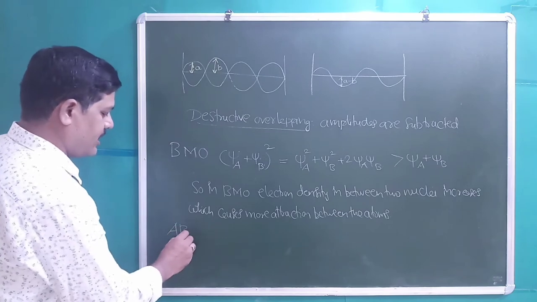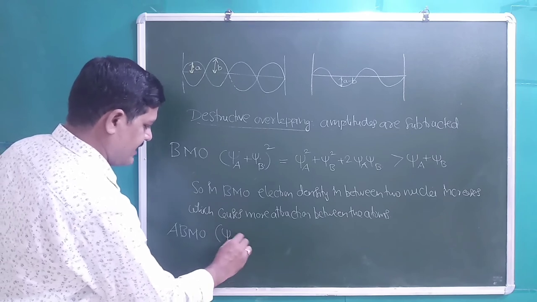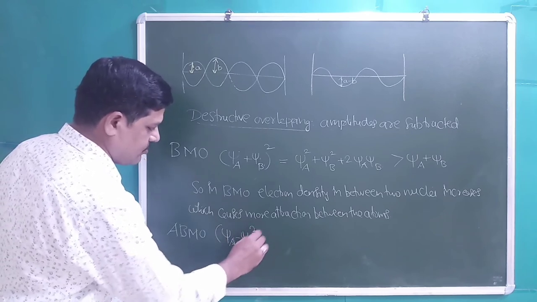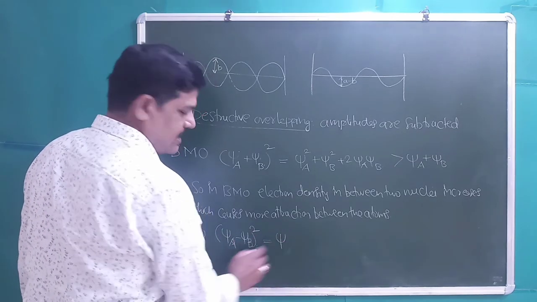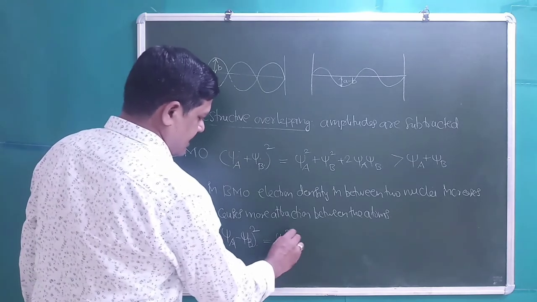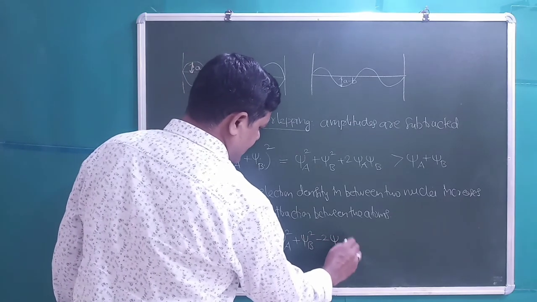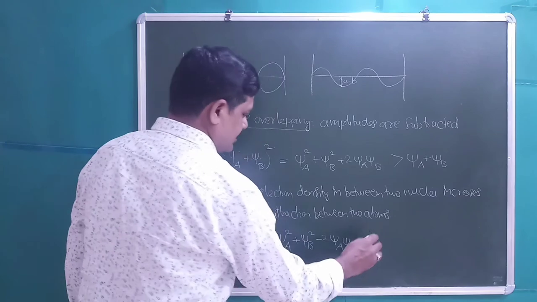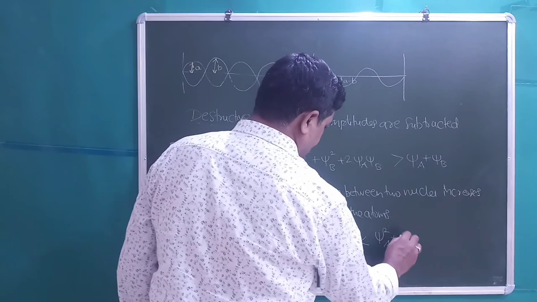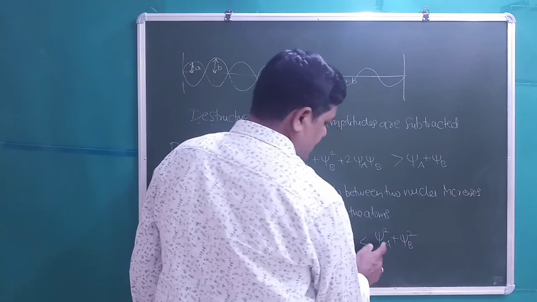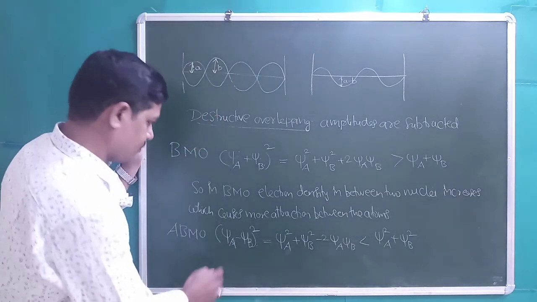For the anti-bonding molecular orbital, psi a minus psi b, destructive overlapping, we take psi a minus psi b whole square. Expanding with the a minus b whole square formula, psi a square plus psi b square minus 2 psi a psi b, which is lesser than the sum of the individual psi square values for the atomic orbitals.